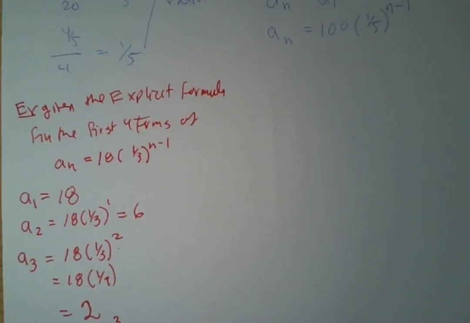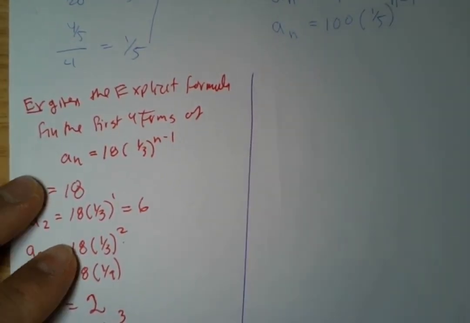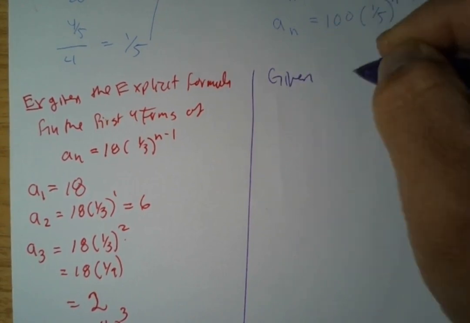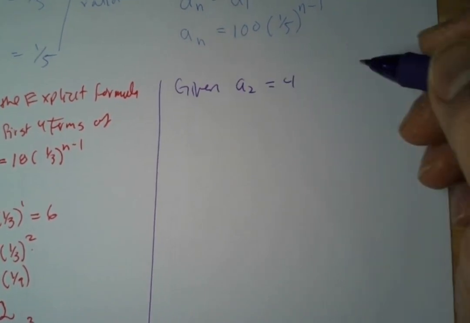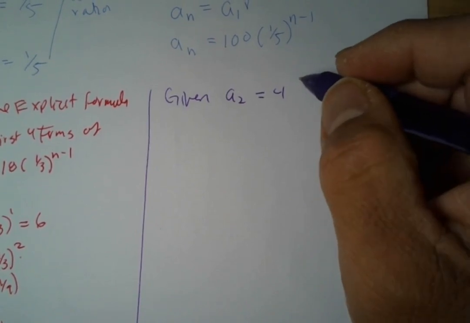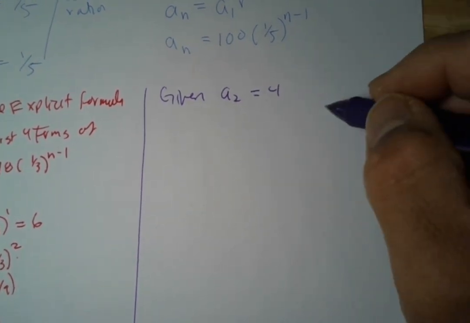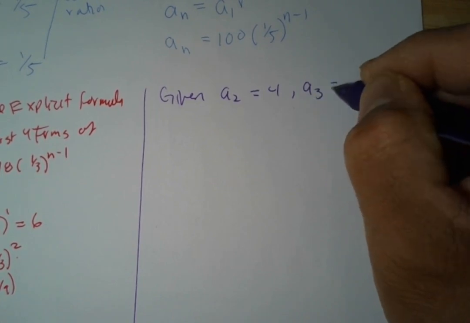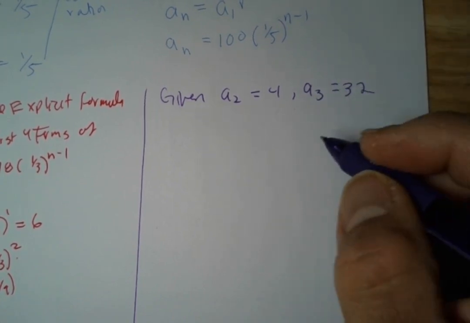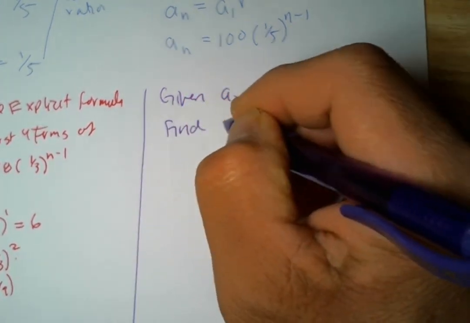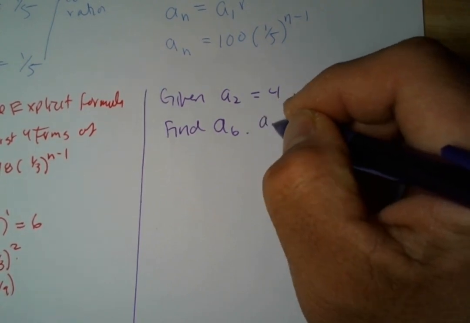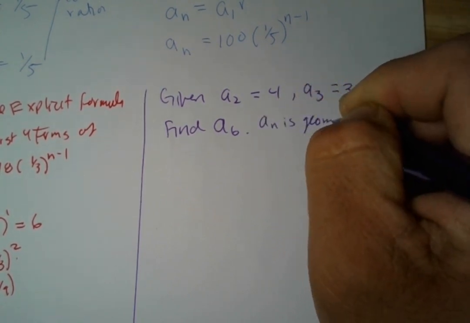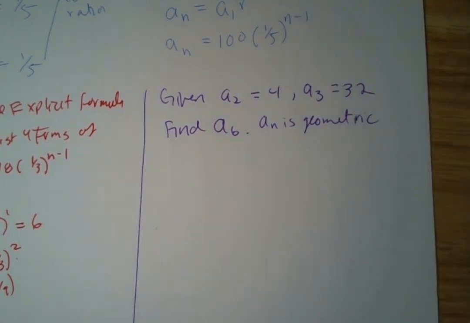Let's try one more example. Let's say that we are given A2 is equal to 4 and A3 is equal to 32. Find A6. Again here we are told that it is a geometric sequence, so I'll write that to make it explicit.